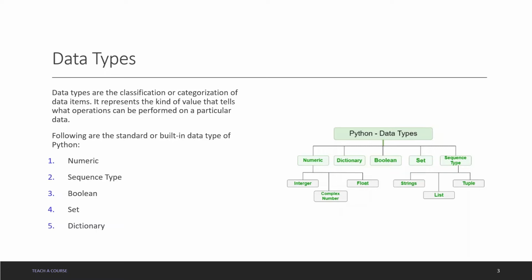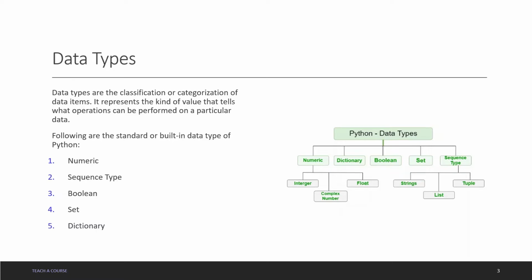So if I understand the data type is integer, or a float, then I can think that okay, I can add, I can subtract, I can divide on this data type. If I understand that this data type is a string, I can apply substring, I can apply concatenate. So data type represents the kind of value that tells what operations can be performed on a particular data.